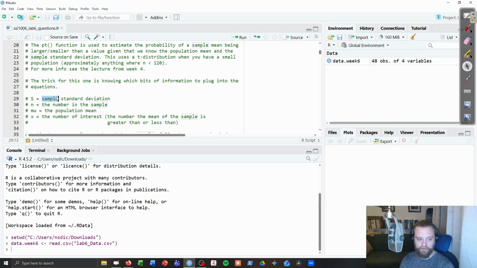Now, this is something that Chris has talked about in the lectures. So, a sample is ultimately the part of the total population that we have drawn a part of, and we want to be able to say, well, from our sample, what can we tell about the total population?